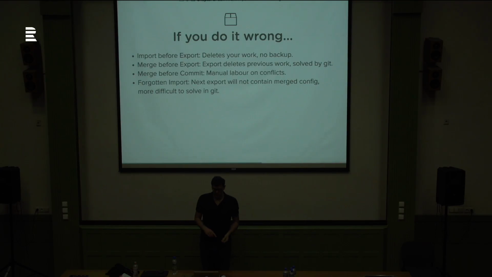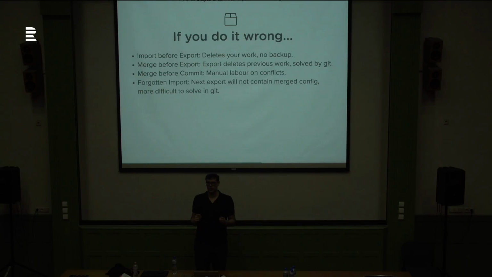If you merge before you export, then everything works. You just override what has been there with what is in your folder, so you don't actually merge. If you git merge and then you export, you override what your colleagues have been doing.